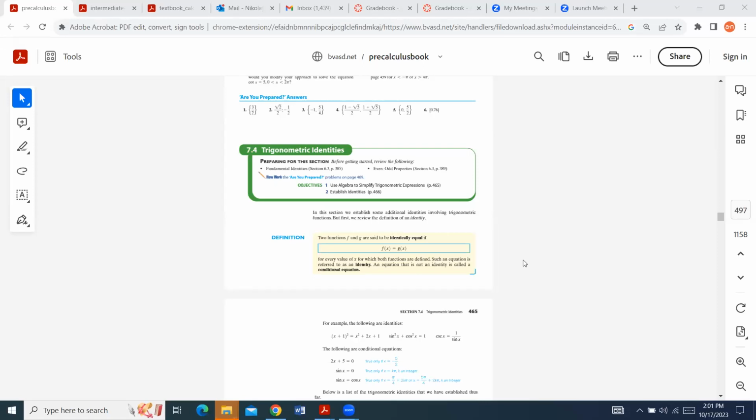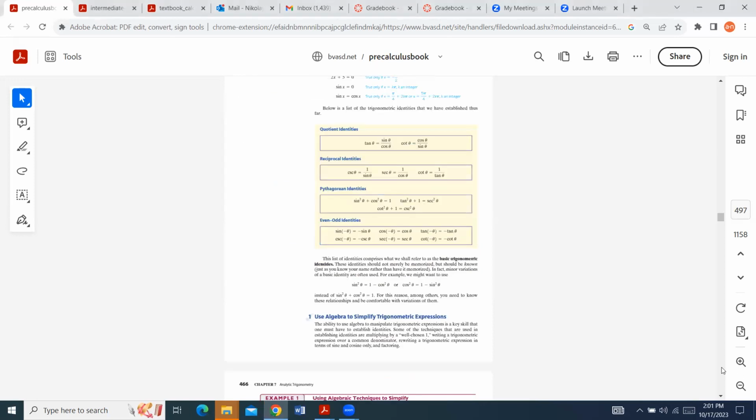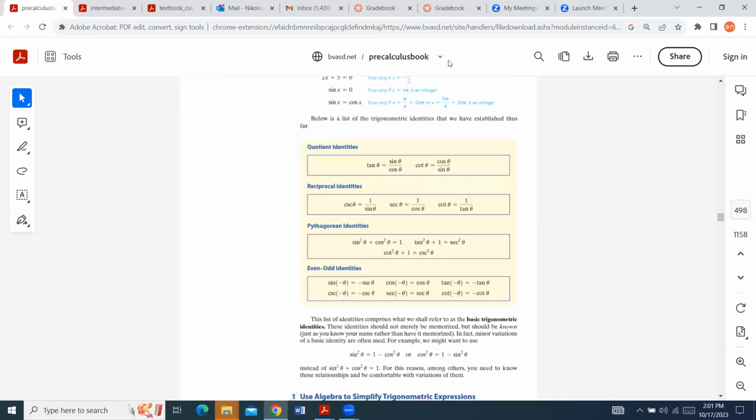So it turns out that exercises in section 7.4 should be familiar from the point of view of those identities, or sometimes we'll call them definitions of various trig functions, such as tangent, cotangent, and etc. So these are ones that we already utilized.